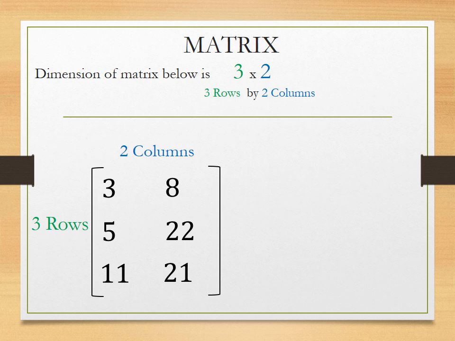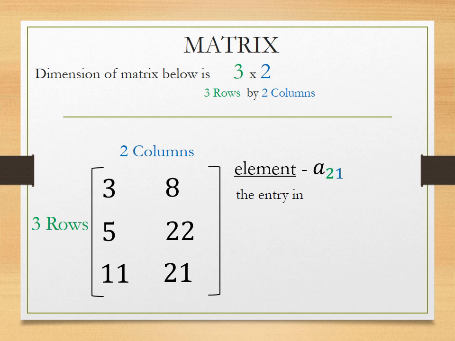Now we're going to take a look at a matrix that actually has information in it. And again, we're looking at a 3 by 2 matrix. Again, 3 rows, 2 columns. So it's a 3 by 2. Let's look at element A sub 2,1. What is element A sub 2,1?